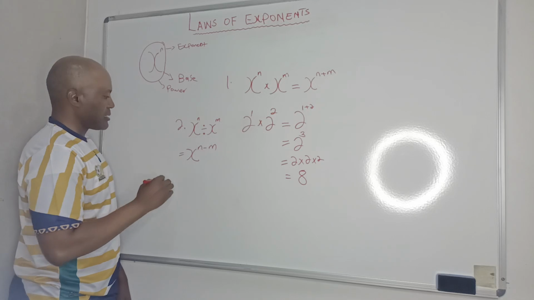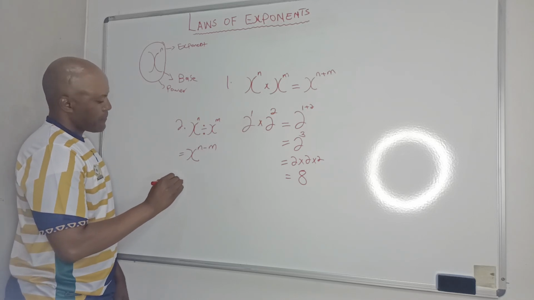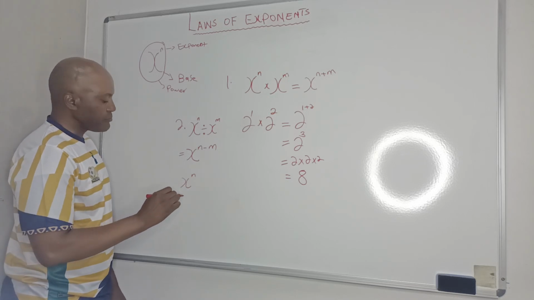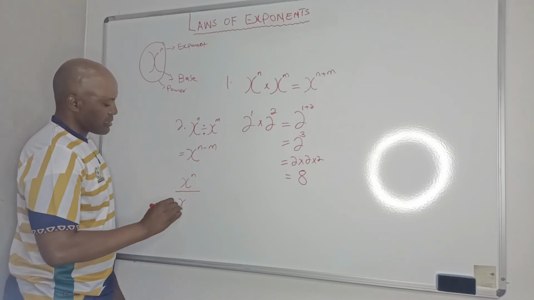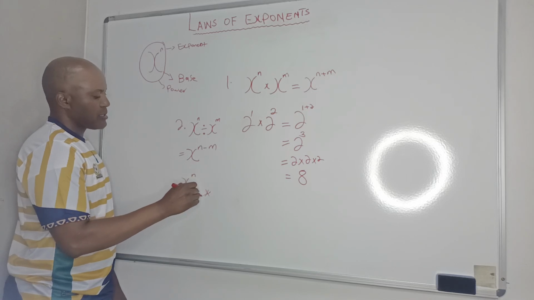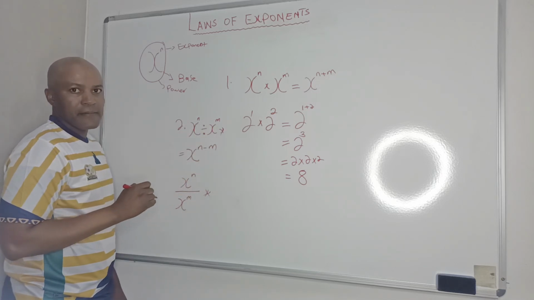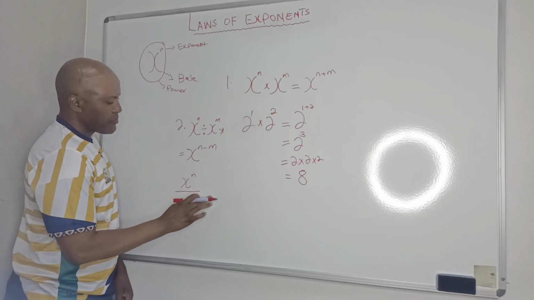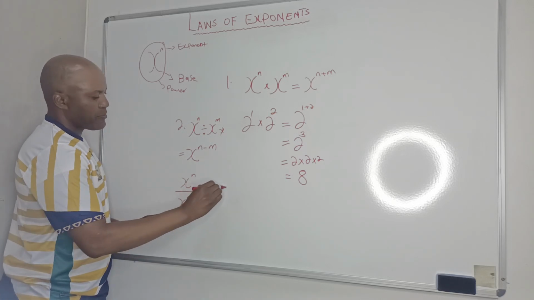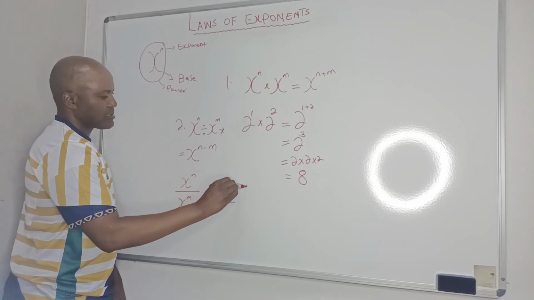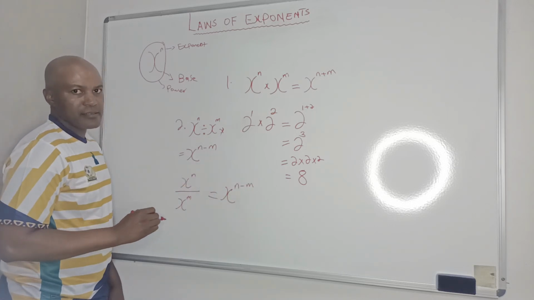Sometimes this is written like this: x raised to m divided by x raised to n. This is the same as that, so you treat it the same way. You take one base and subtract the exponents.